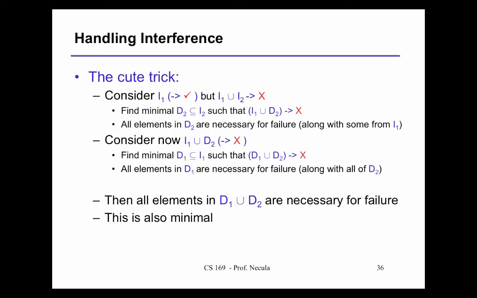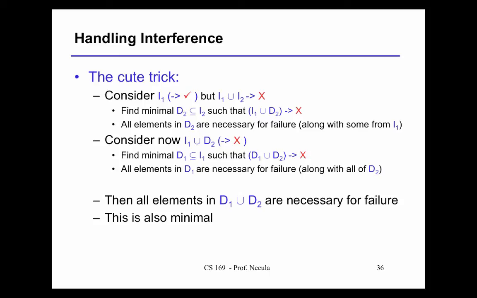So you're carrying all of I1 with you, and you keep recursing in the second half, always testing it together with I1 until you find the minimal part of I2, let's call it D2, that fails. So any one thing you throw out of D2, this is not true anymore. Does this mean this algorithm is exponential, the set of all subsets of I2? No. Let's wait a little bit. We can come back to that.